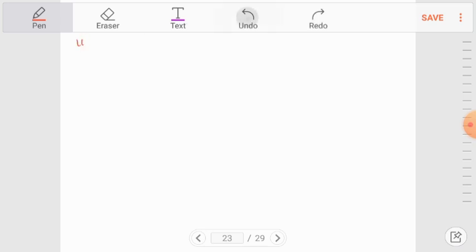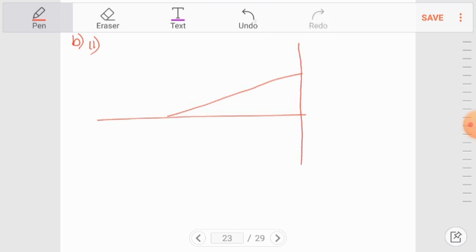I'm now solving the part B2 of question number 18. Now the diagram was something like this. A straight line, and it was split into two. This was the screen. And this was the diffraction grating.